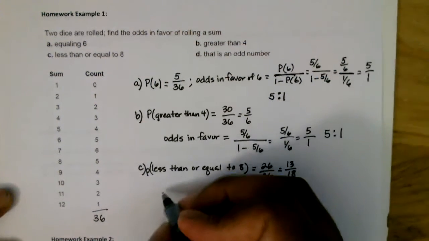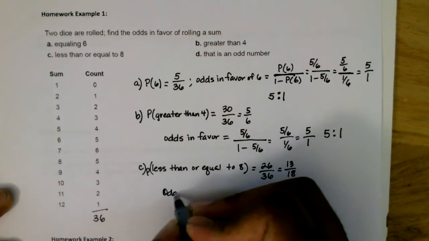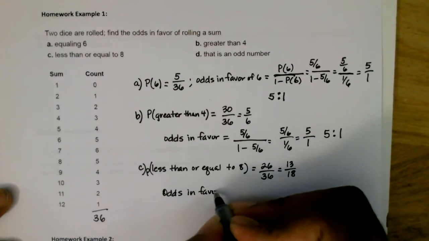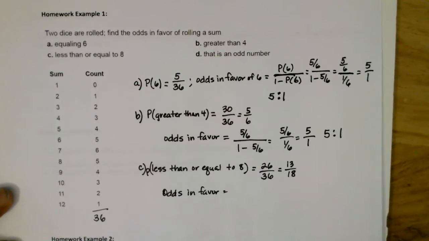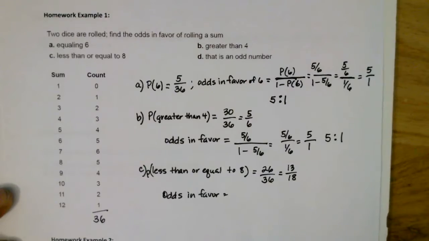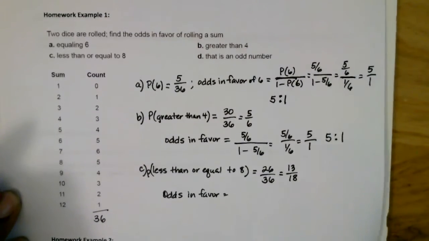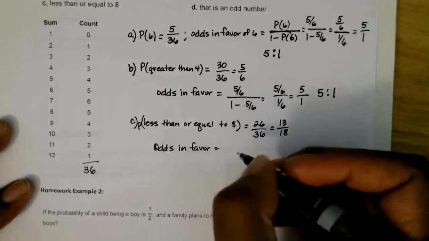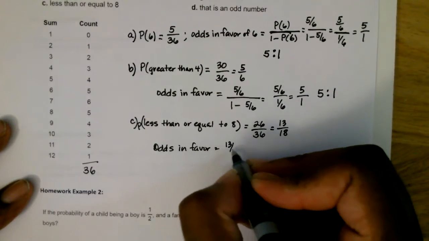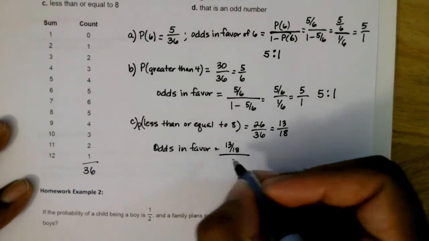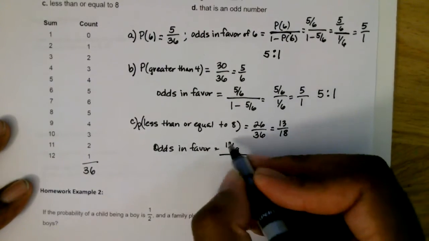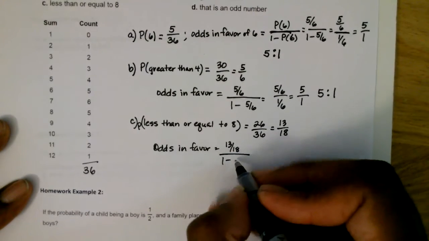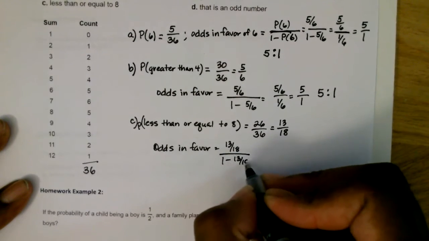So now the odds in favor of rolling a sum less than or equal to 8 would be this. The probability of getting a number less than or equal to 8 would be 13 over 18, divided by 1 minus 13 over 18.